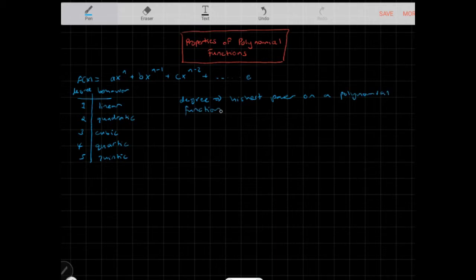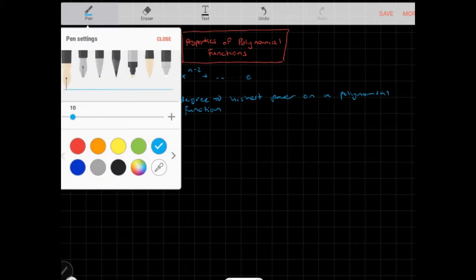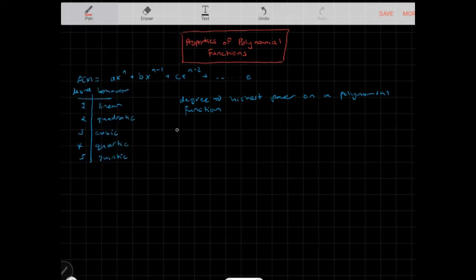And the two types of polynomial functions in terms of the degree can be even degree polynomial functions. So even degree polynomial functions have, well, basically even degrees, right? So their degree is an even number, right?